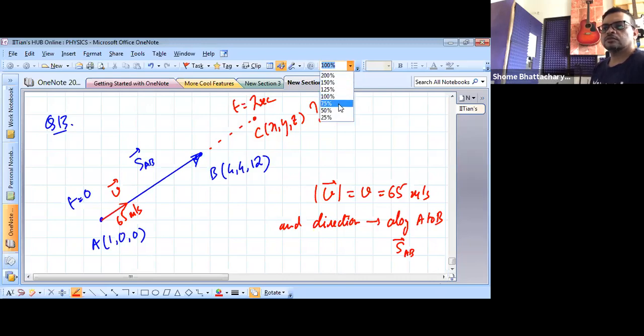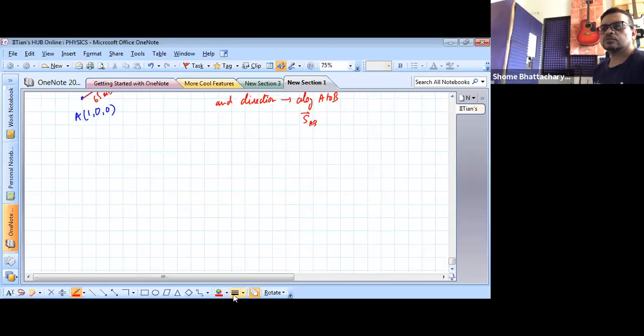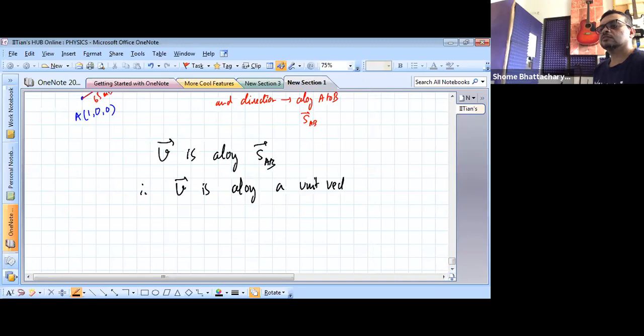Because velocity is along that displacement vector AB, therefore we can say velocity is along a unit vector, let's say n cap, where that n cap is nothing but the displacement vector AB divided by its own magnitude.